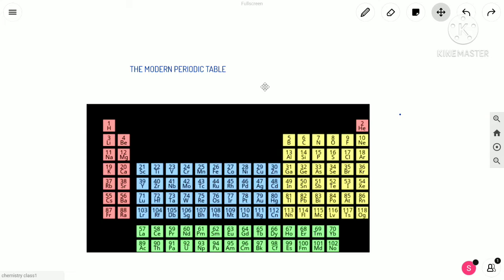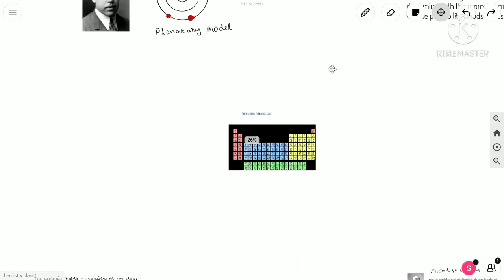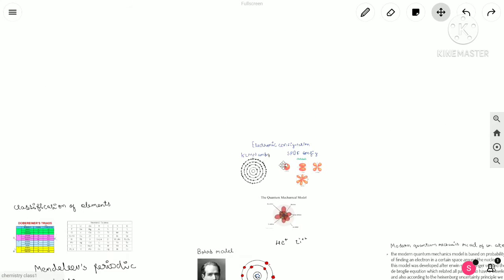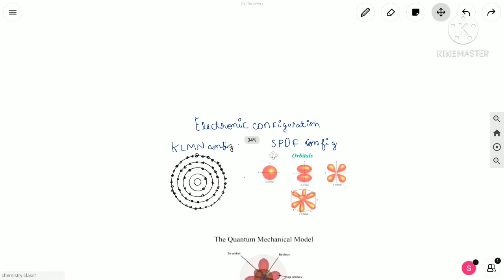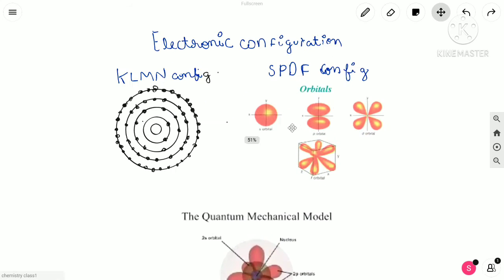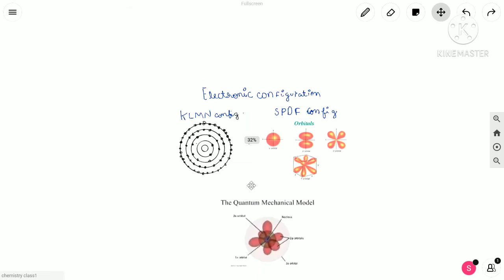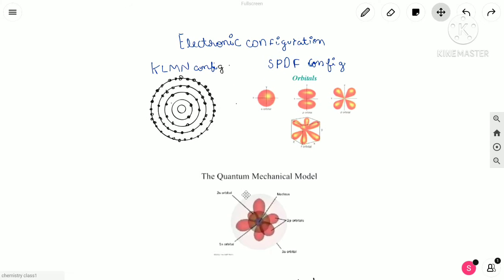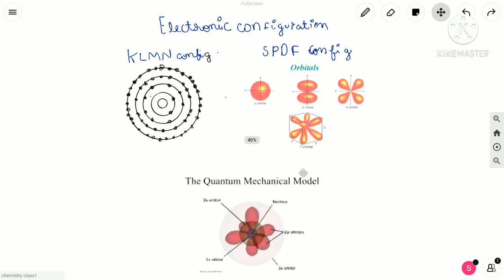Next, we'll be discussing more about it, but first I want to talk about a concept called electronic configuration. Electronic configuration is basically the arrangement of electrons in an atom. We know the protons and neutrons are in the nucleus, in the center of the atom, as discovered by Ernest Rutherford.